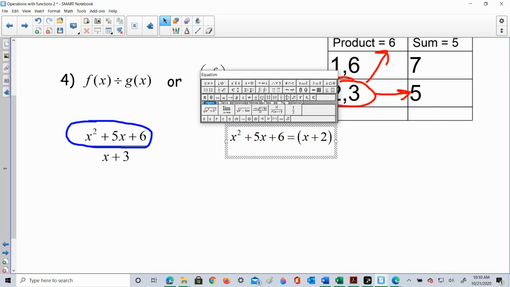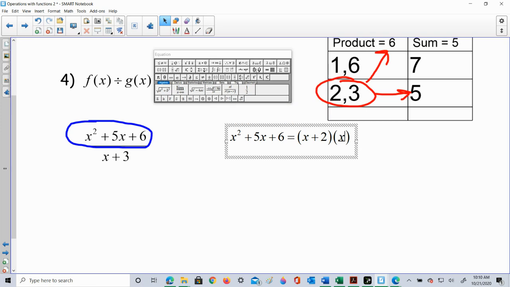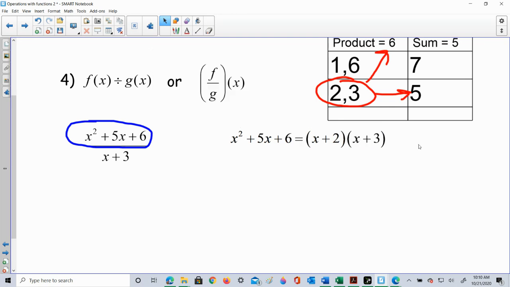I'm going to have another set of parentheses. X, and what other number did I have there? Plus 3. I'm always going to put my x first because I need x squared. If we were to FOIL this out, if I multiplied x times x, I get x squared. X times 3 is 3x, 2 times x is 2x, 3x plus 2x is 5x, 2 times 3 is 6. That's why this little table works.